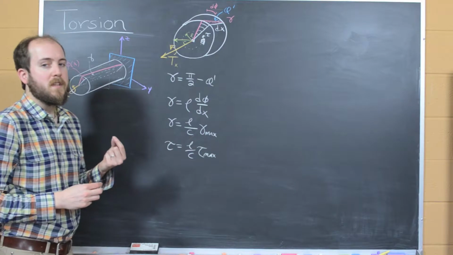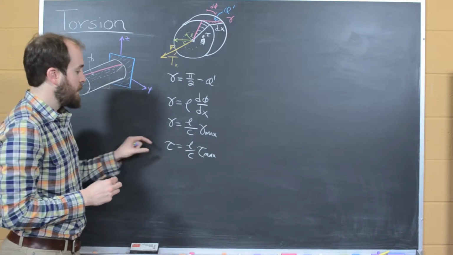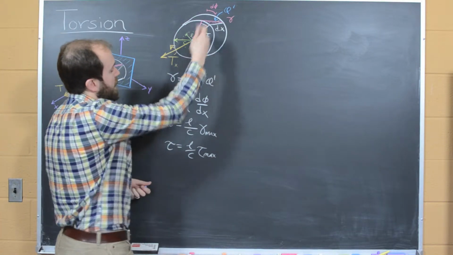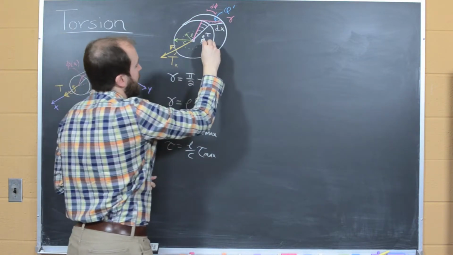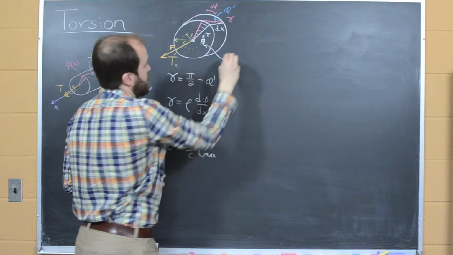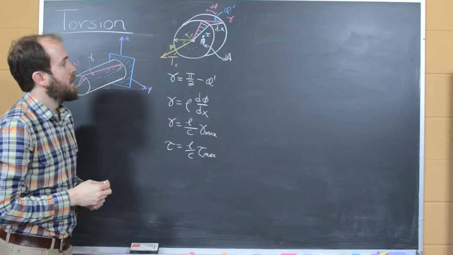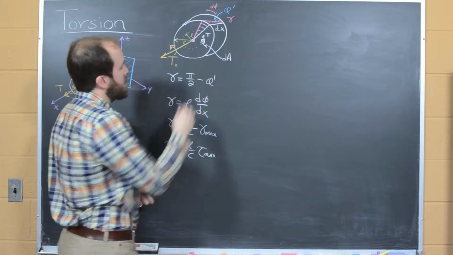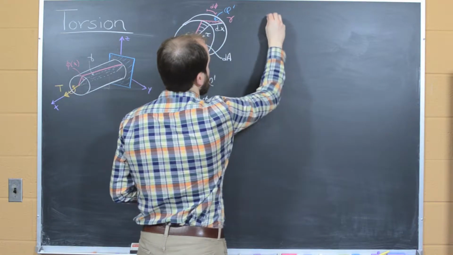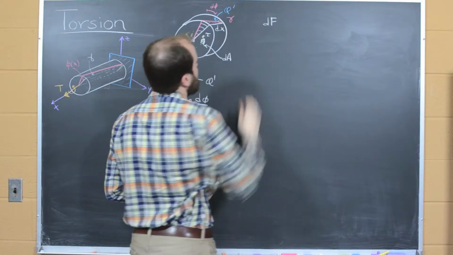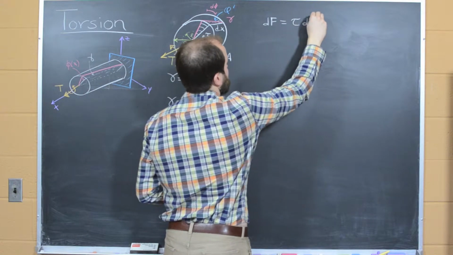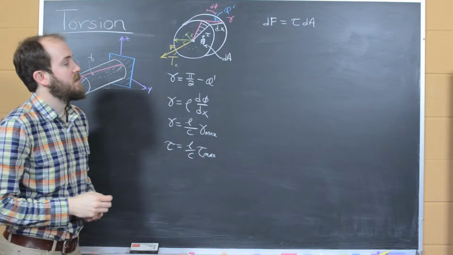So, in this case, what we want to be able to know is how do we actually evaluate the stress within this structure. And so I've already drawn on this cross-section an area element, dA. And so we can write that there's going to be a small amount of force, dF, which is equal to our shear stress times that area.